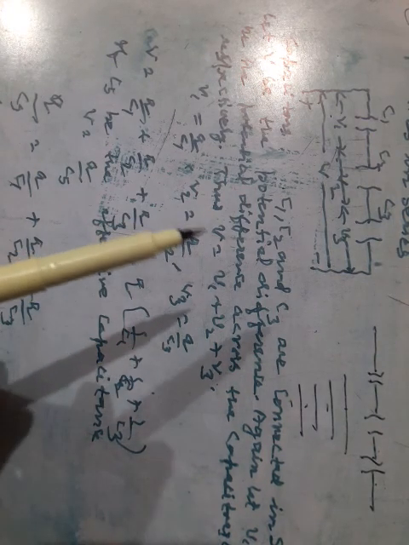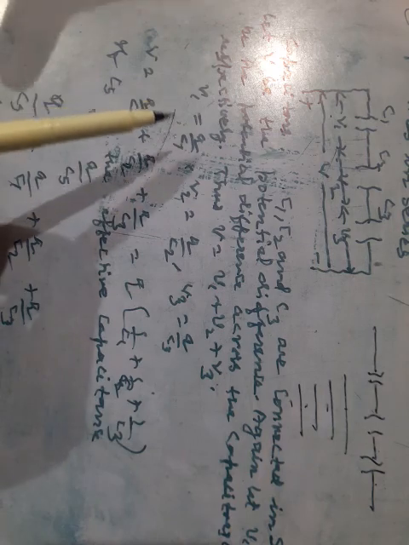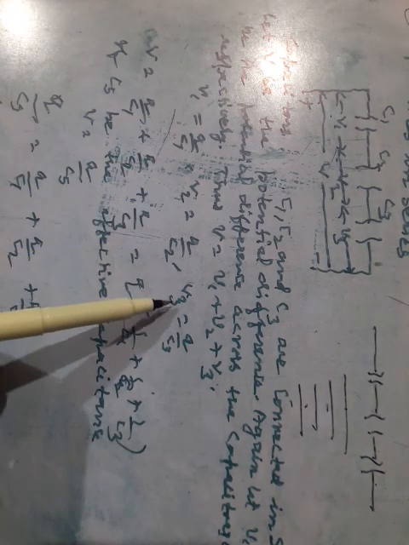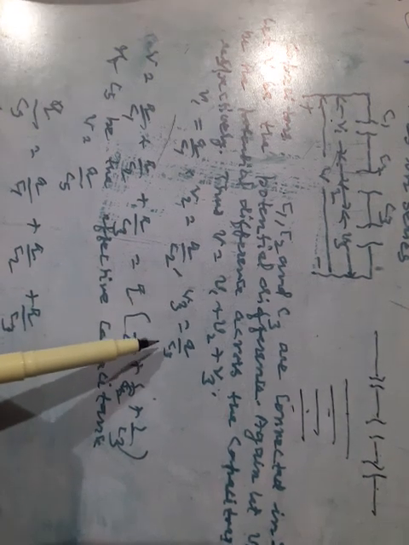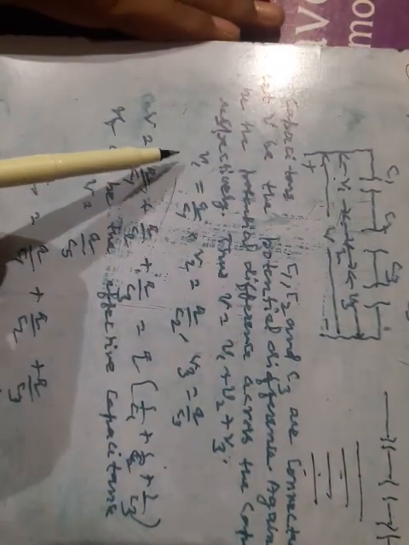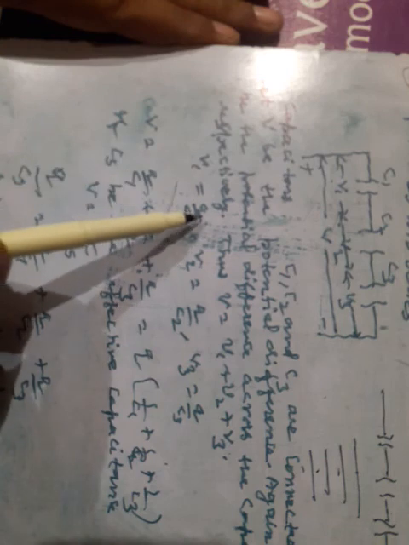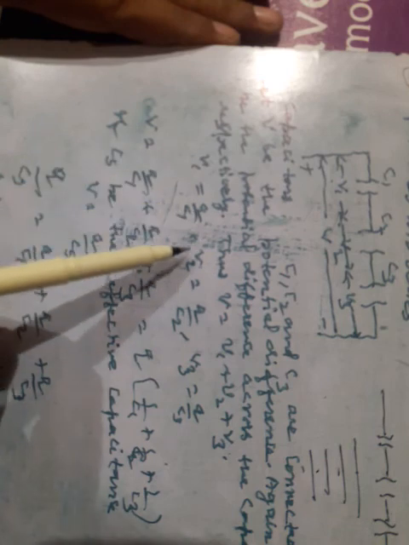Next thing, V1 is equal to Q by C1, V2 is equal to Q by C2, V3 is equal to Q by C3. Okay, in case of potential difference, V is equal to charge by capacitance.